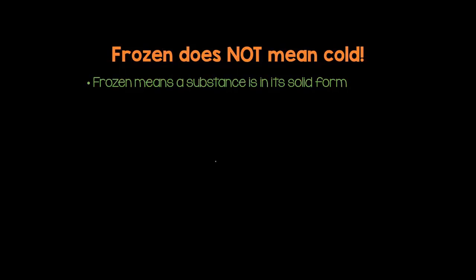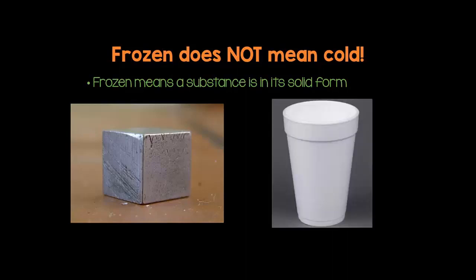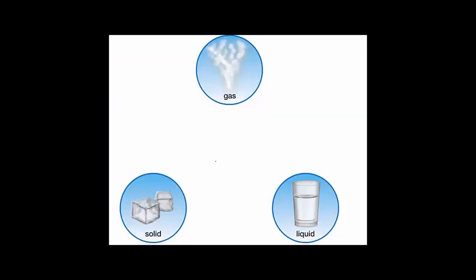So for example, a block of metal is frozen because it's in its solid form, even though it's maybe sitting there at room temperature, which really isn't cold at all. Or this styrofoam cup is frozen even if it's holding a hot cup of coffee. The styrofoam cup is not cold, it's frozen into its solid form. Make sense?